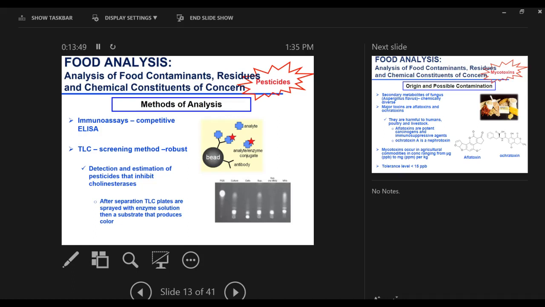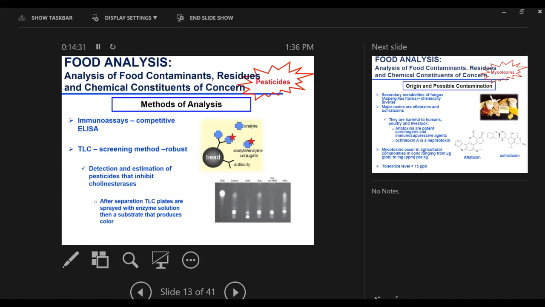You can do screening before doing elaborate LC-MS or GC-MS. You can do thin layer chromatography, and it's very easy to determine pesticides. Usually pesticides inhibit a very unique enzyme in pests, the cholinesterases. So you get an extract from your sample, run it on thin layer chromatography, then spray the whole plate with this enzyme, the cholinesterase, and then incubate it with a substrate.